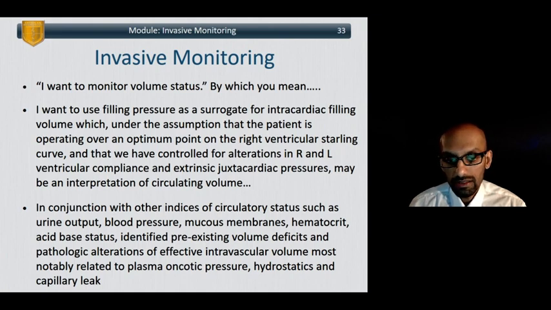So you have a list of no less than 9 or 10 things that can influence your volume status, and the CVP and wedge pressure, those are just one small part of it.